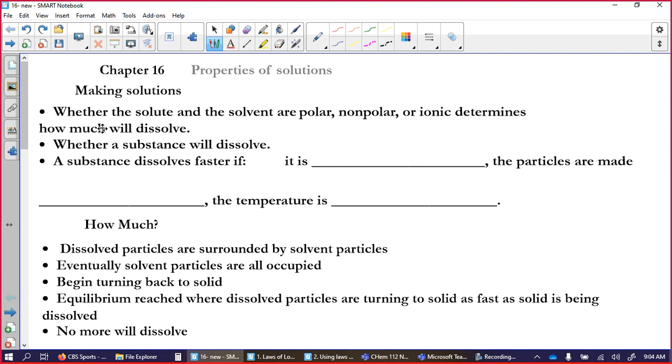We have the properties, polar, nonpolar, whatever, determines how much will dissolve or whether something will dissolve. But when you're actually dissolving things, there's three things that will make something dissolve faster. Most of the time we say stirred.